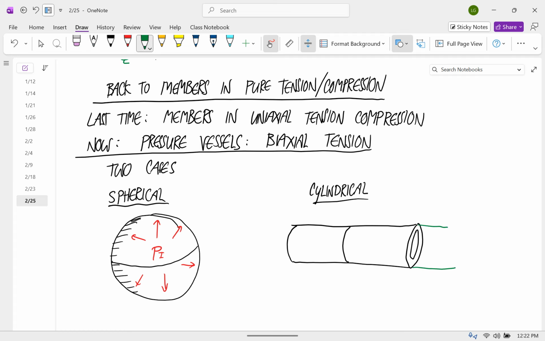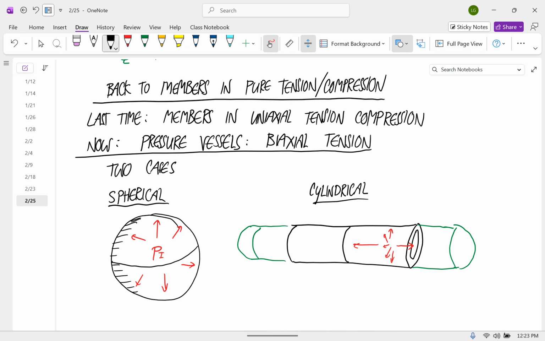Well, we are not really in a position to analyze that. That gets to be more complicated. So you can imagine there are end caps on this somewhere. But to us, we're only concerned with the parts that are far from the end caps. And on this, you have pressure going around radially. And you also have pressure acting along the axis of the cylinder.